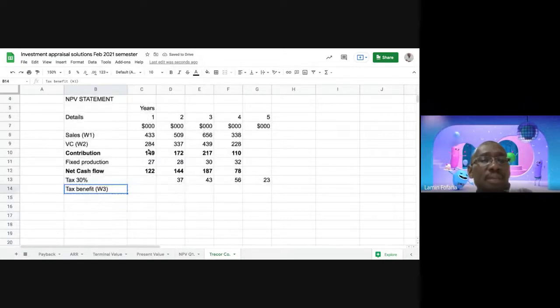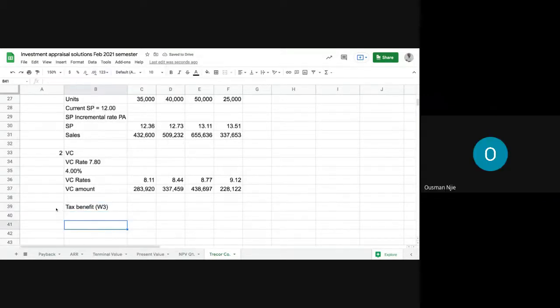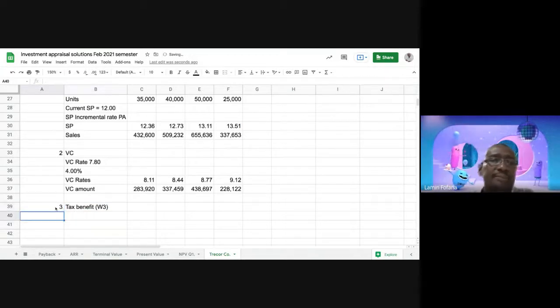So just copy, come down, then I have my tax benefit here, paste. That will be working 3 here. Now, how do we calculate our tax benefit? We're going to calculate capital allowances, the same way as you calculate depreciation using the reducing balance method.